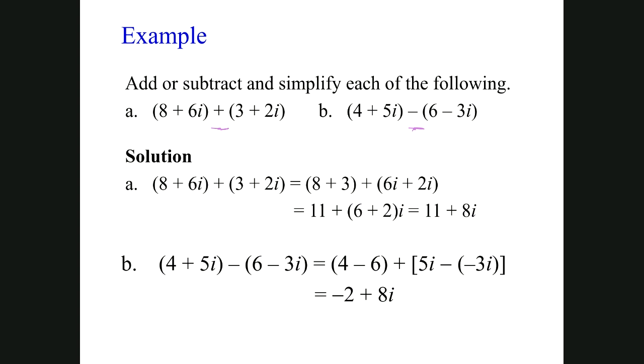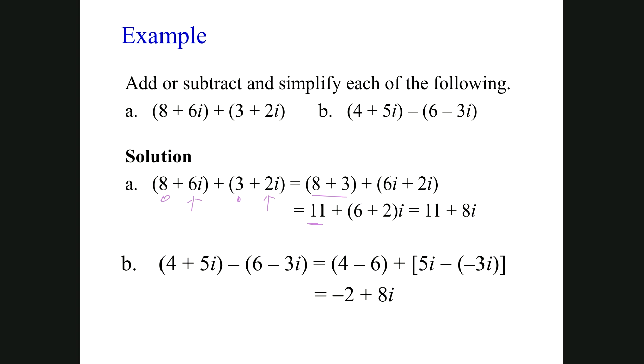So if I have an addition, what do I do? Well, I can get rid of the parentheses, right? I don't really need a parenthesis here. And I add the real number parts together, so 8 plus 3 will be 11, okay? And then I look at the imaginary number part. So I have 6i plus 2i.